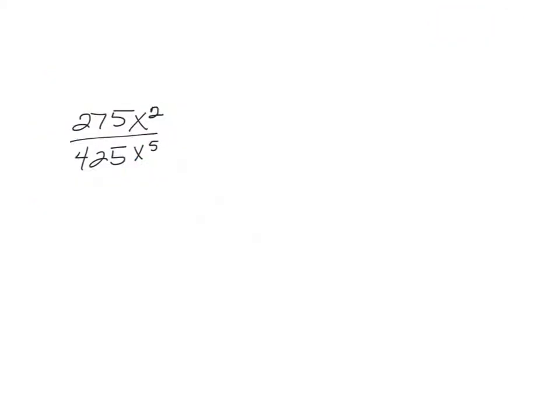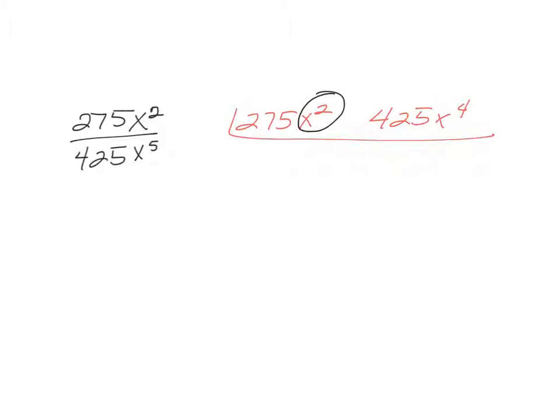In more advanced math, you can also do the same thing if you have variables out there. So I'm going to reduce it with variables. So 275 x squared over 425 x to the 4th. Usually when I'm dealing with variables, I take the variables out first. And you want to take the greatest amount out. So x to the second is the most I can take out.